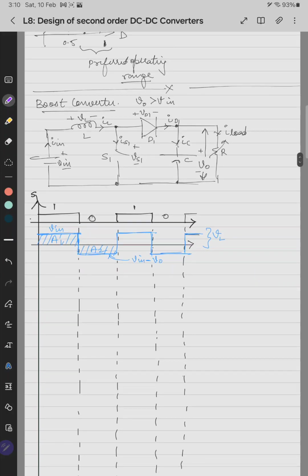As the voltage across the inductor is positive, the current will start rising. Then it starts falling, then again it starts rising, it starts falling, and so on.